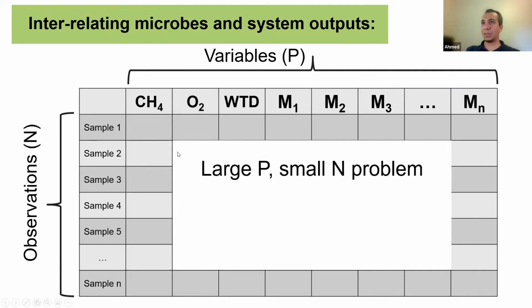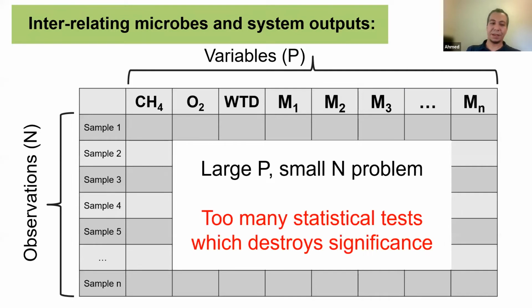When you do the statistical comparison over and over, you have to correct for multiple testing. Because of that, you most probably end up with really harsh cutoffs for the statistical correction, and it will probably destroy many of the real, significant, and biologically meaningful correlations in your data set.